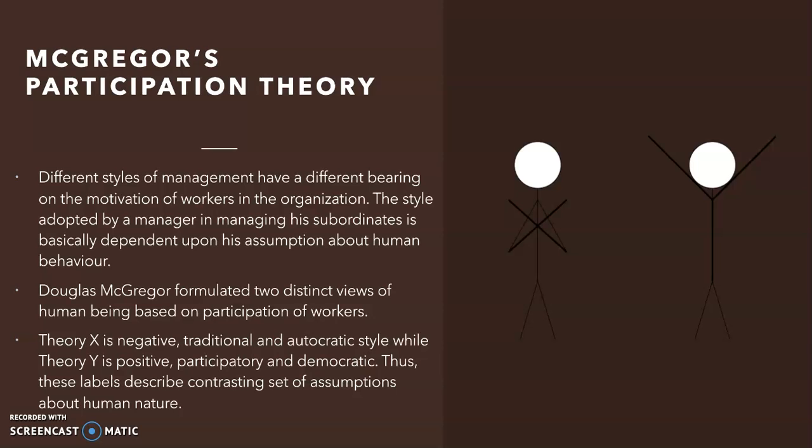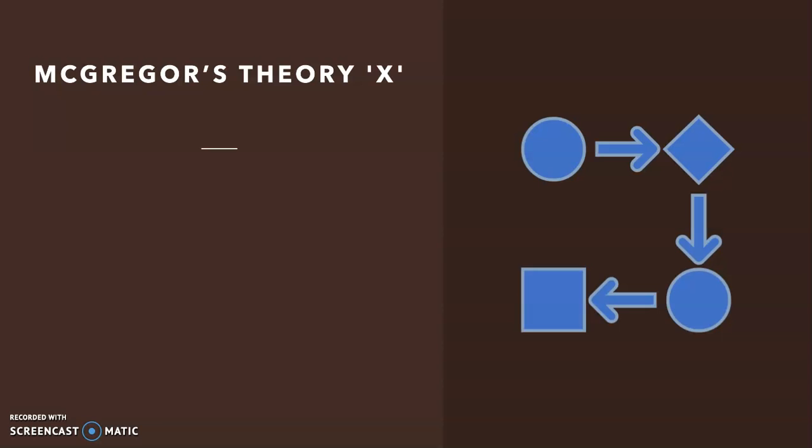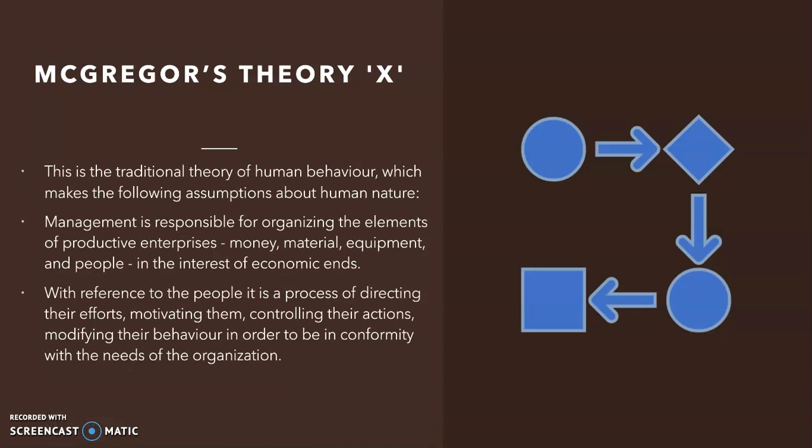So let's understand what exactly this theory is. McGregor's Theory X. This is the traditional theory of human behavior, which is made on the following assumptions. The manager or management is responsible for organizing the elements of productive enterprise, and that involves money, material, equipment and people.